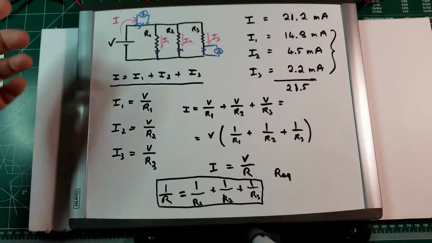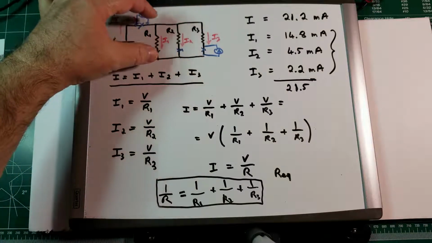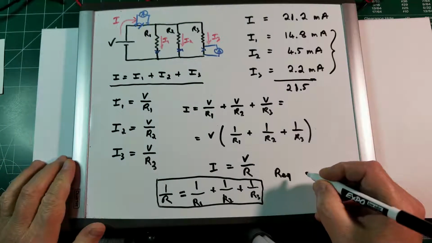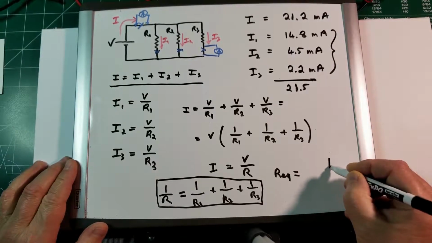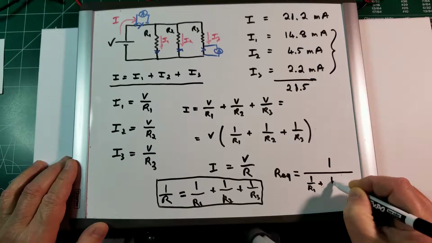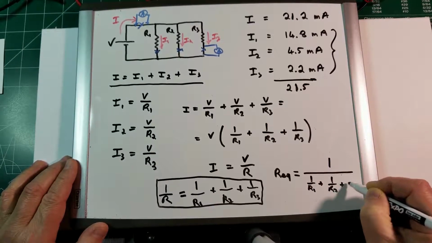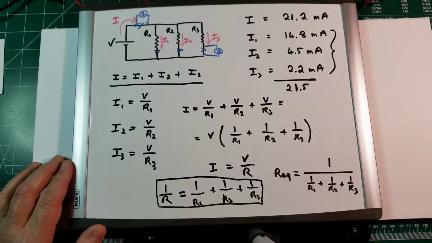By definition, two or more components are in parallel if they are powered by the same voltage. So 1 over R equivalent will be 1 over R1 plus 1 over R2 plus 1 over R3. So this is the final value.